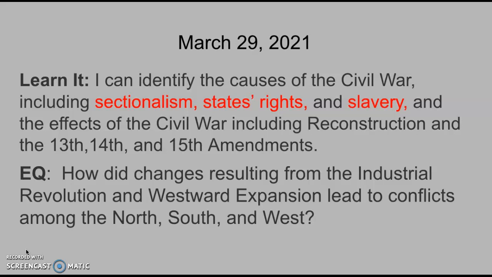And they develop their own identity, just like the North and the South do, have their own particular culture and ways about them. And so eventually these ways will come into conflict with one another.